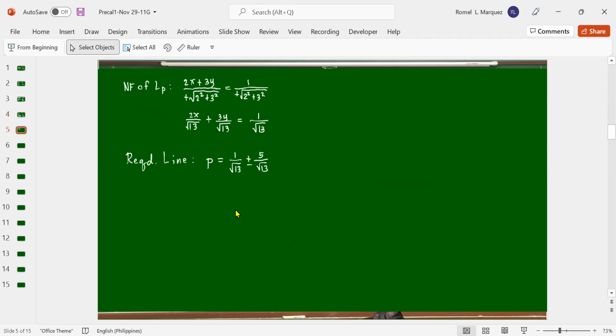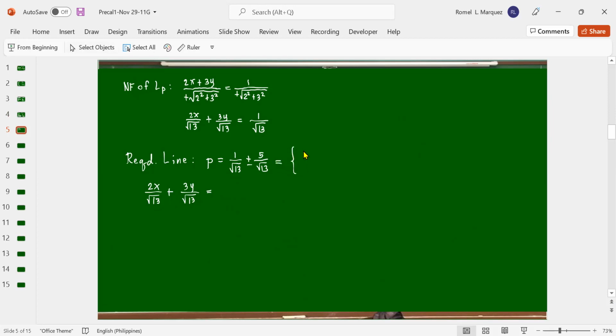So we now have negative 2, that is 2x over square root of 13 plus 3y over square root of 13 equals 1 over square root of 13. When we simplify the P, what is this, guys?